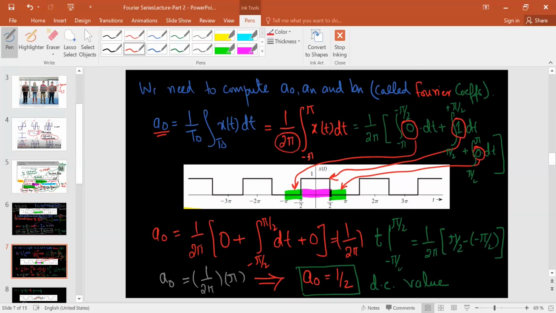And we pick the period, because we can pick any period. For our convenience, it is much better to pick from minus pi to plus pi, to take advantage of the symmetry, because it is on both sides of plus and minus. So minus pi to plus pi of x of t dt.